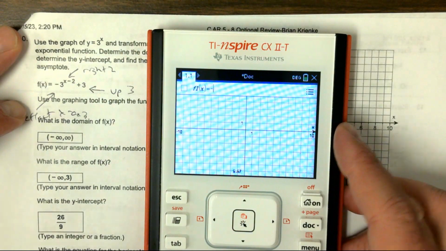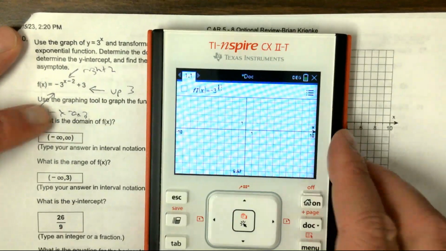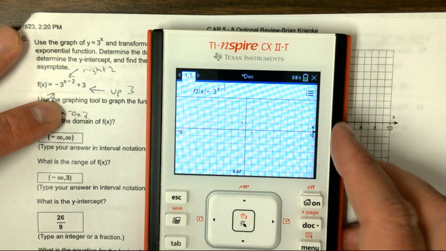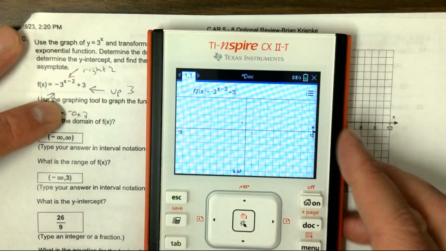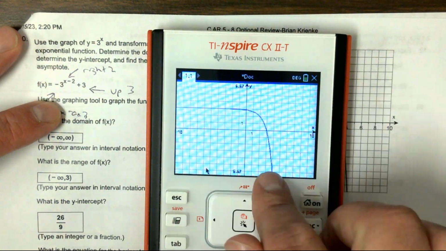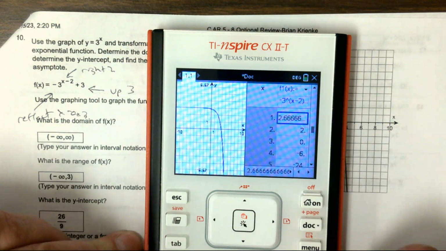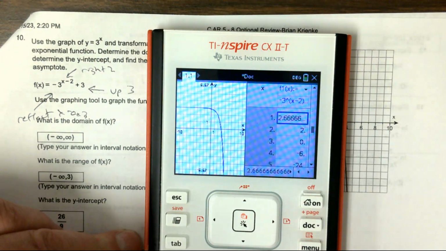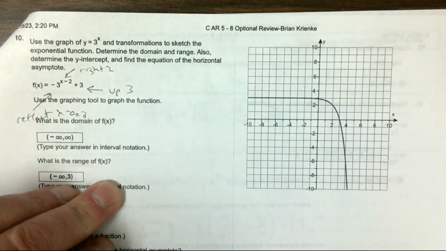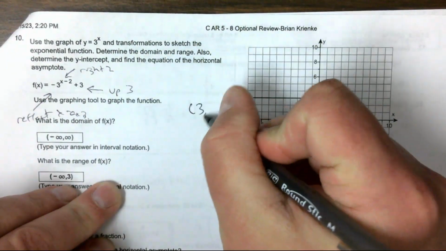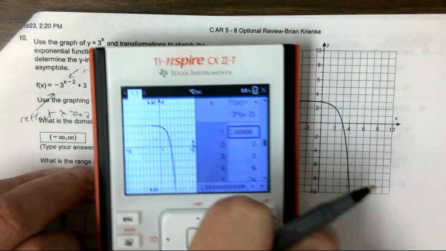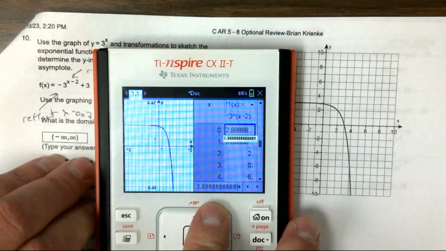So we go -3, up arrow, x minus 2, and then plus 3. Okay, so that's that one. Key things in the table you're going to want to look for is 3, 0, and if there's any other good ones.